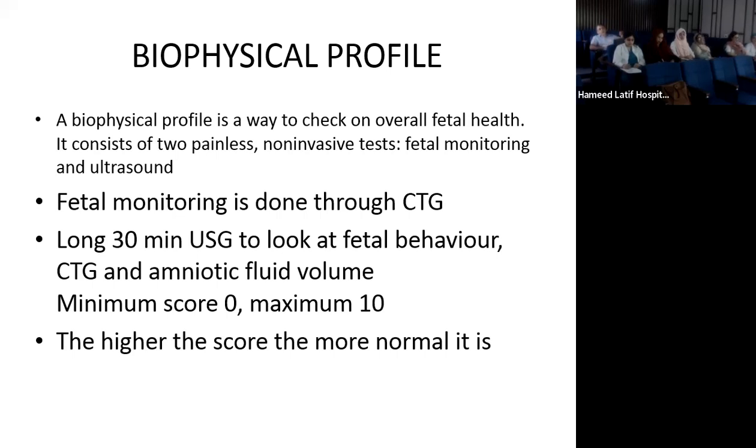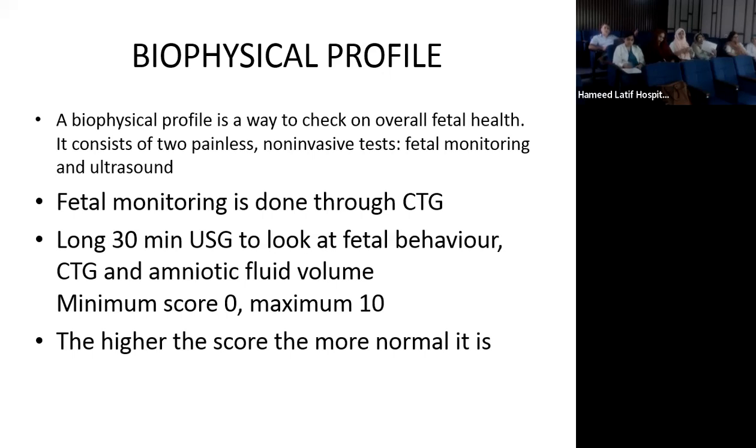But what I want you to do is use the modified biophysical profile, which has proven almost, if not more, effective than the normal biophysical profile for which you send patients downstairs. Every time, if you want to see central localization or IUGR, fine, you get it done. But for fetal well-being, you can use a modified biophysical profile.